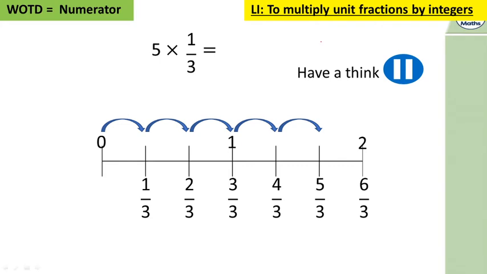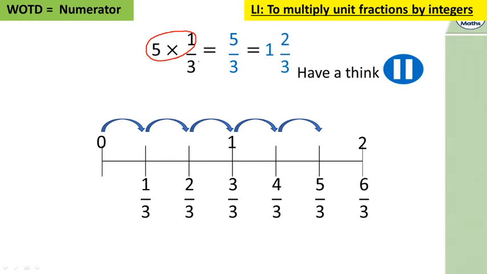So if you add a third 5 times to 0, you're going to get 5/3. And as you can see, whole number times the numerator, 5 times 1 is 5/3. So just the numerator that changes. So this is the only thing that you need to do, and just keep the denominator the same.